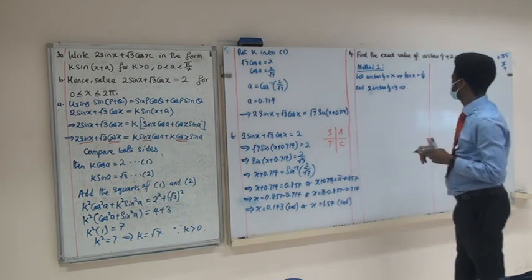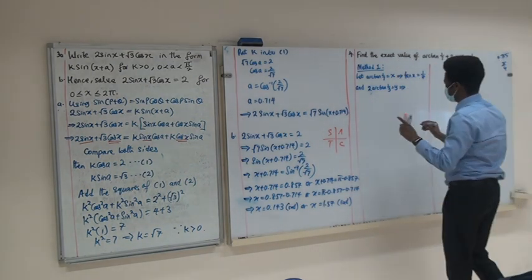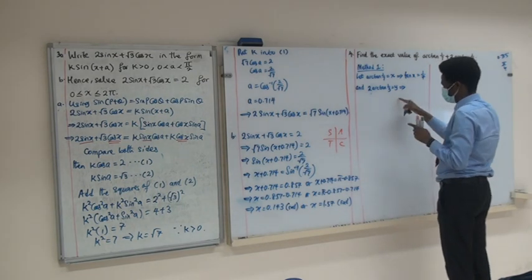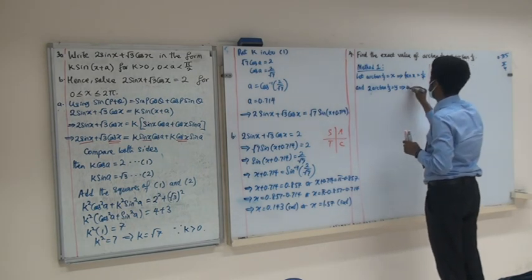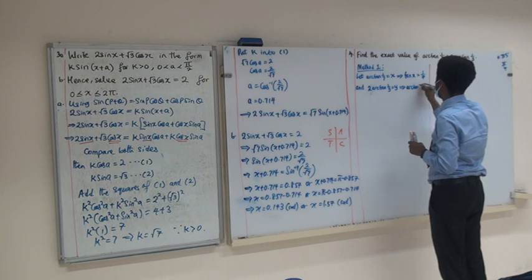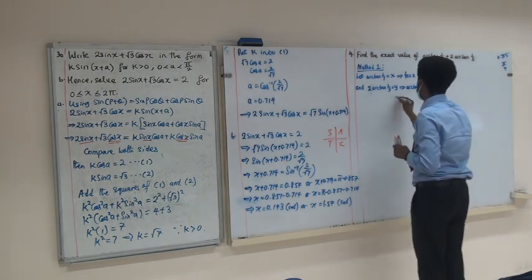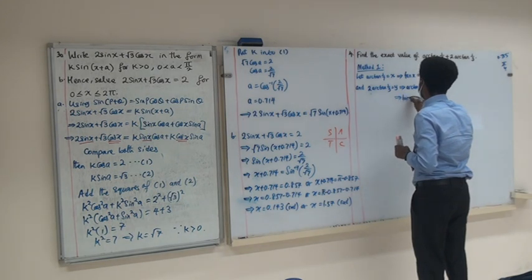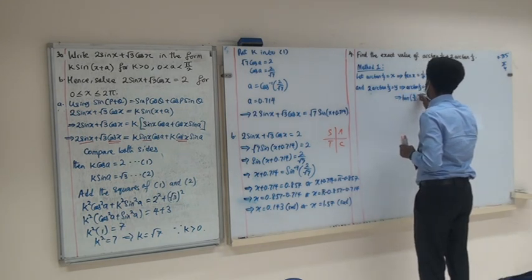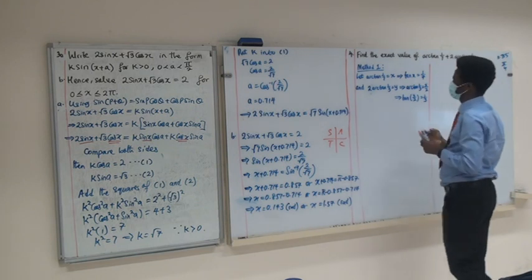This implies we take the 2 first, so arctan 1/3 equals y over 2. And that implies that tan(y/2) equals 1/3.